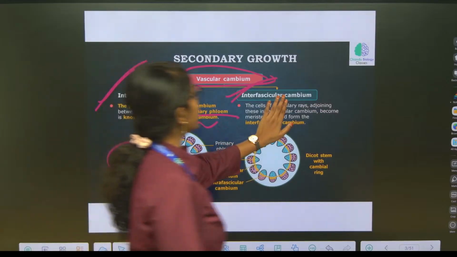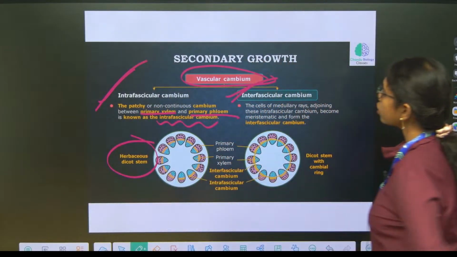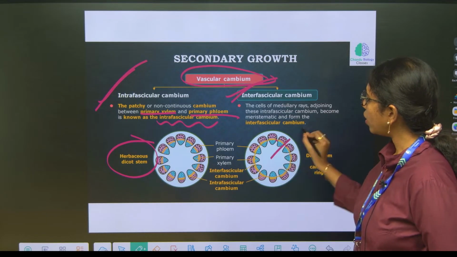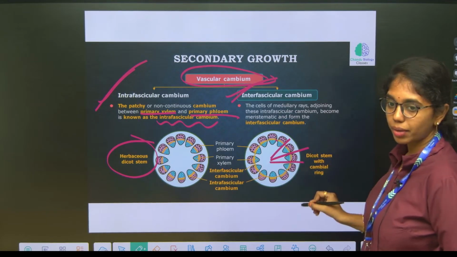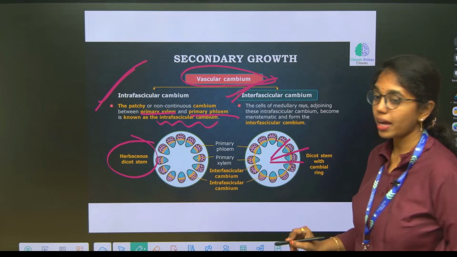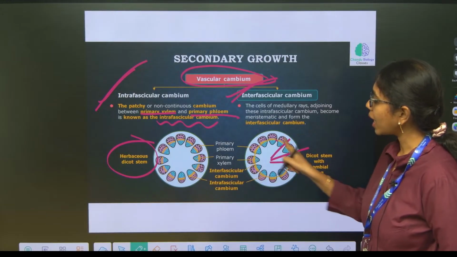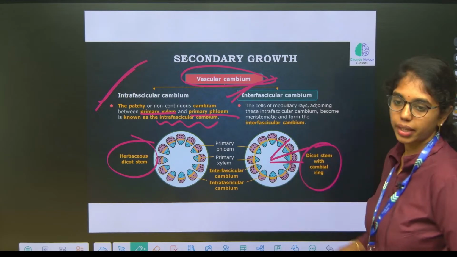And here you see interfascicular cambium, the cells of medullary rays adjoining the intrafascicular cambium. Medullary rays which are in between the vascular bundles adjoin and form a continuous cambial ring.